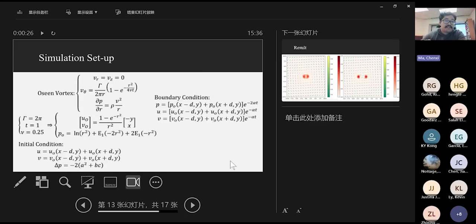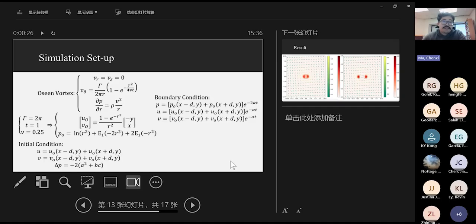And here, this is the exact solution for this Lamb-Oseen vortex. In cylindrical coordinates, Vr equals Vz equals 0, and V theta equals gamma over 2 pi r times (1 minus e to the negative r squared over 4 nu t). Here, gamma is a constant for circulation, and nu stands for the kinematic viscosity.